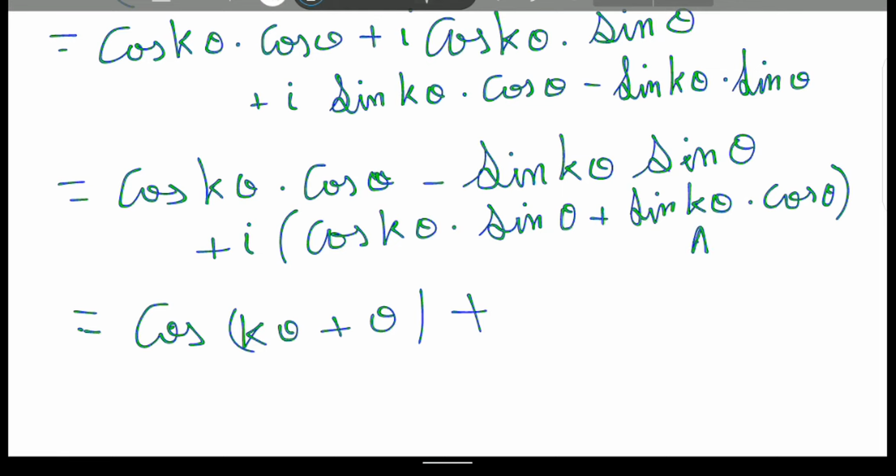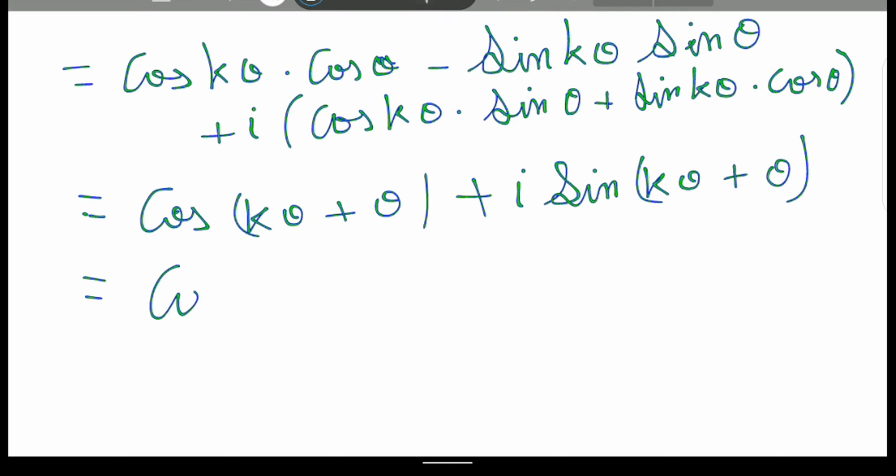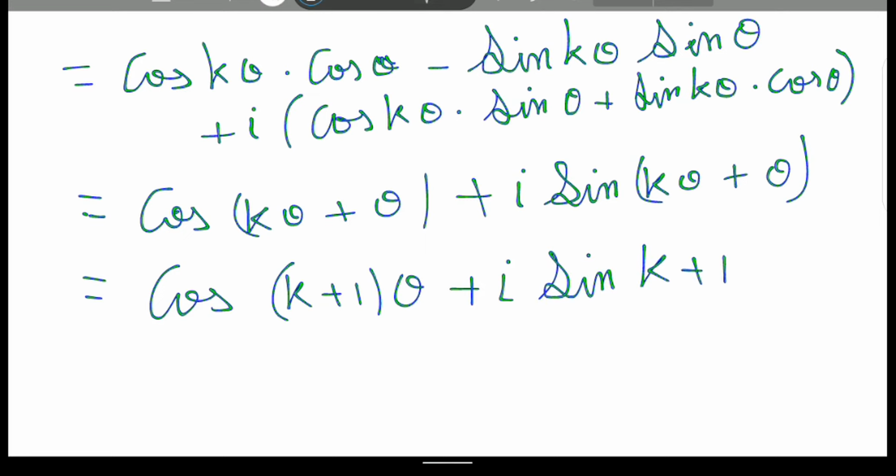Let this be A and this be B. Then we have the formula sin(A plus B) equal to sin A cos B plus cos A sin B. So this is equal to cos of (k plus 1) times theta plus i sin of (k plus 1) times theta.